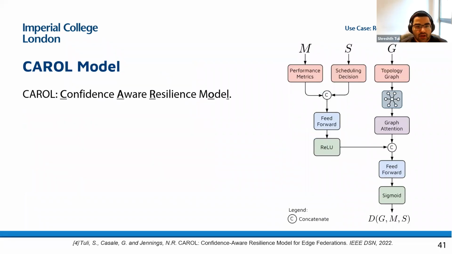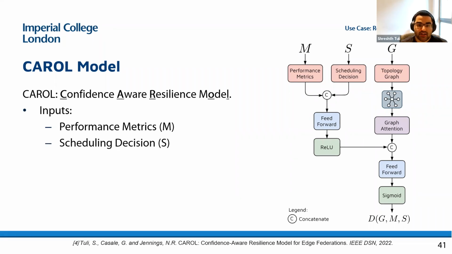So to find the best node shift that I described previously, we develop a model that we called CARL, that stands for Confidence Aware Resilience Model. It takes as inputs the metrics of the system, which is the state of the system, a particular task scheduling decision from an underpinning scheduler like GOBI, MCDS, and so on, and the graph topology.